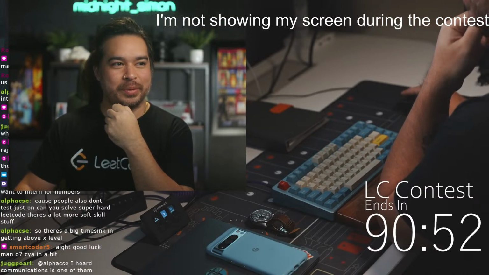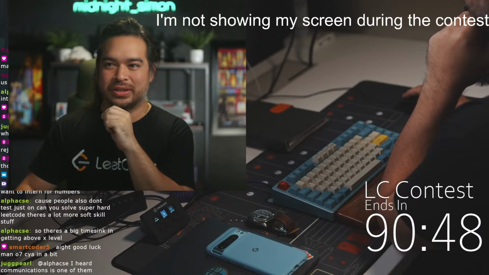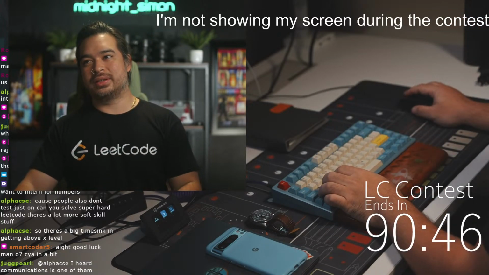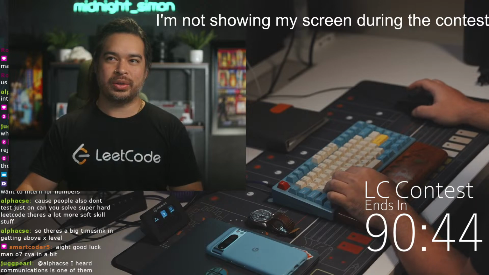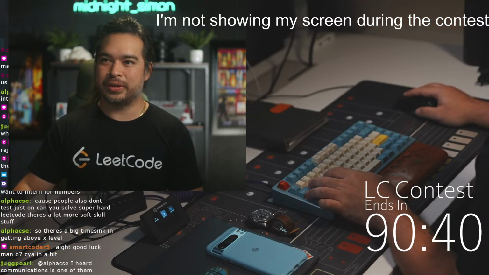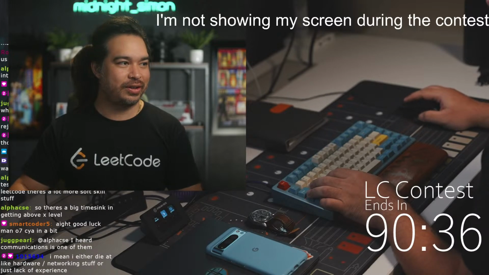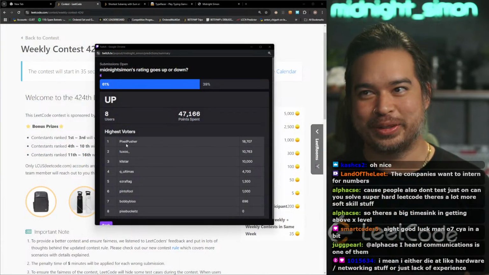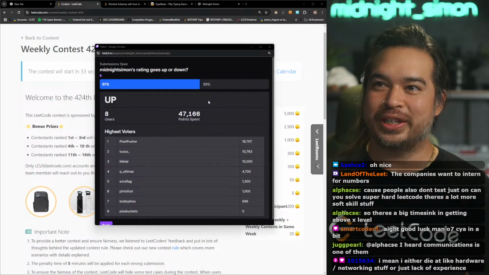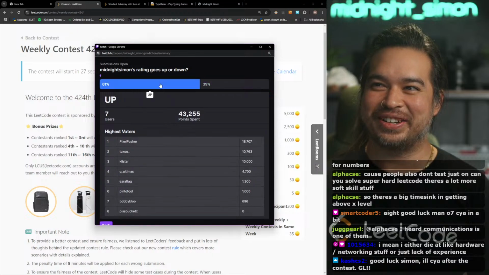Anyways, it's almost time. Less than 1 minute to go for the contest. Don't forget to register. I just registered. And during the contest, I'm not going to be reading chat. I'm just going to be trying to focus in on the problem. And let's take a look at the bets real quick. Look at that. Lots of money on the line. Up, down. Numbers says down.